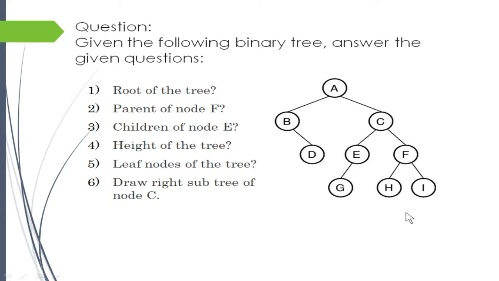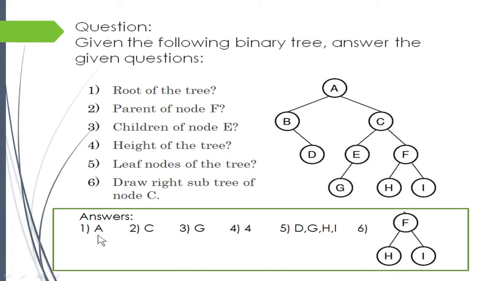Now the answers: answer 1 is A, answer 2 is C, answer 3 is G, answer 4 is height 4, answer 5 is D, G, H, I, that is the leaves, and for answer 6, the right subtree of C is F, H and I. So that has to be drawn.